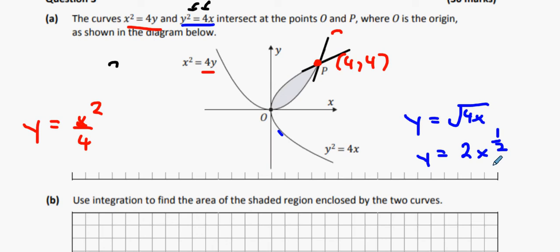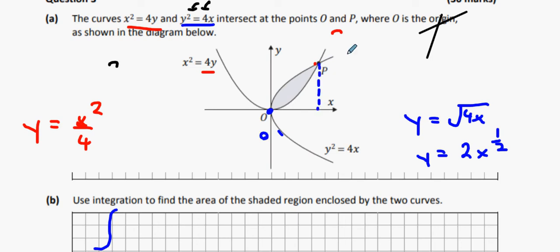Now what we're going to do is integrate both of these individually. If we take the area under the red region, you're integrating. Now the first x value is 0, and we know that p is the point 4, 4, so we're integrating from 0 to 4.